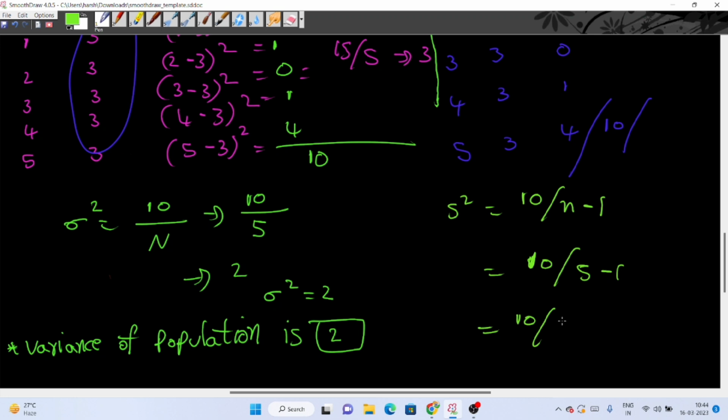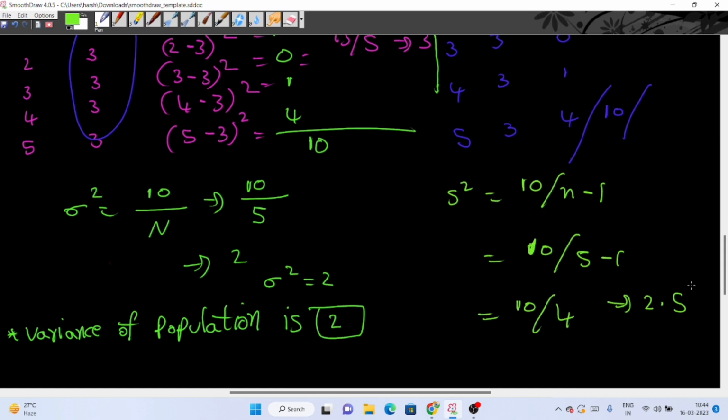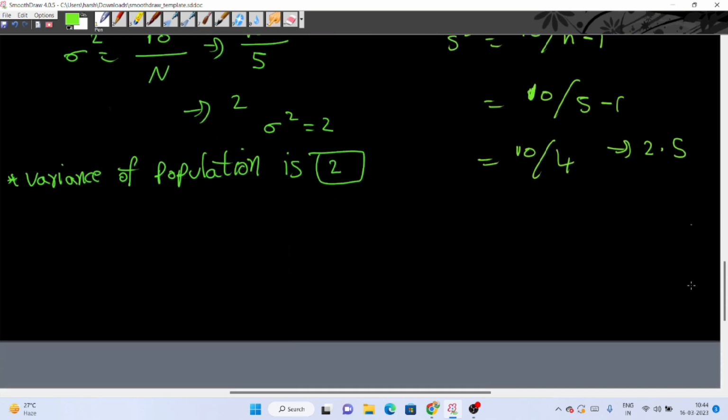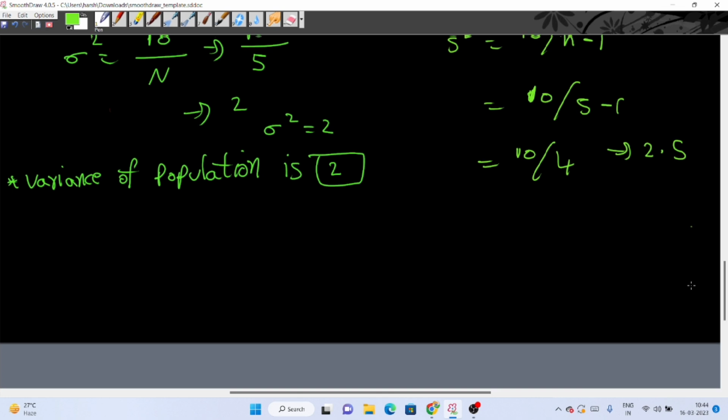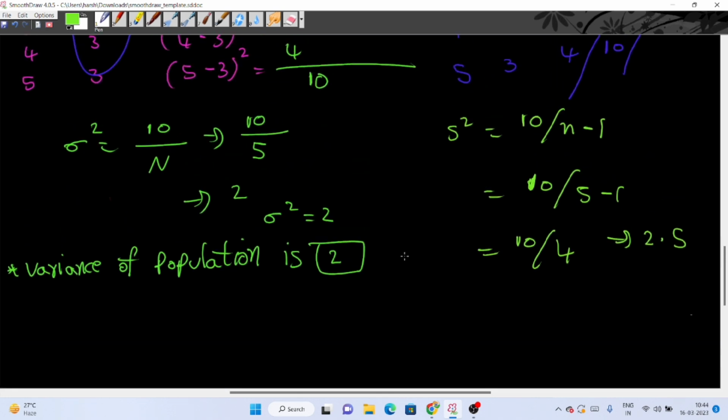So that is going to be 10 by 4, which equals 2.5. So here, as you can see, we have calculated both population variance and sample variance. In variance of population, we got variance as 2, but in sample, we got variance as 2.5.